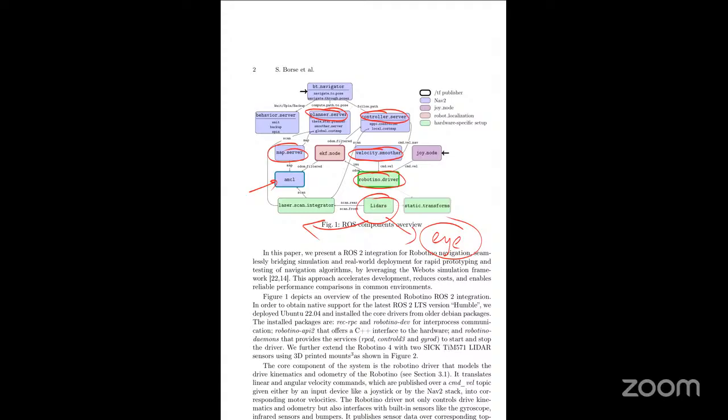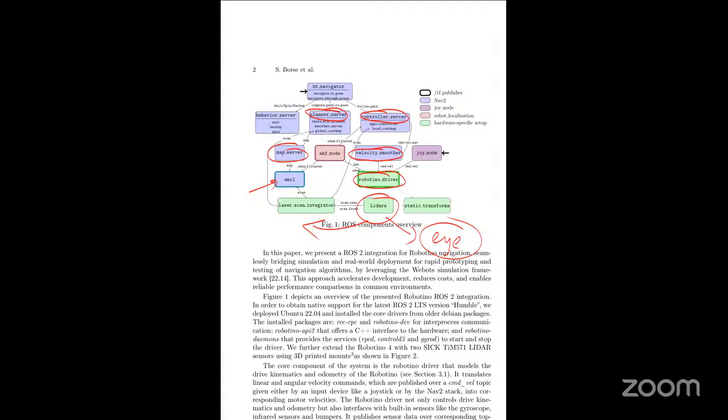Then the map server will store the map. For example, if we have a factory map, right? Storage, press, assembly, CNC, charging station. So when the robot is moving, it will be using that map.